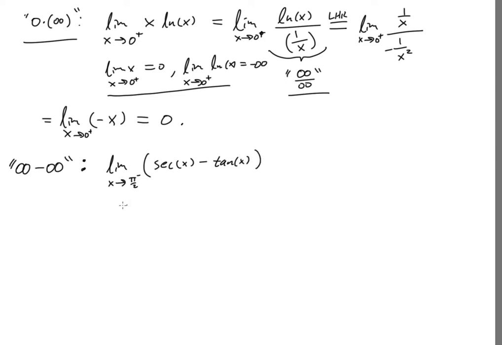In both cases, the limit of x going to pi over 2 from the negative side of secant of x, which one is that going to be? That's going to go to infinity. And the limit of x going to pi over 2 from the negative side of tangent of x is also going to go to infinity. So that's coming from the negative side.